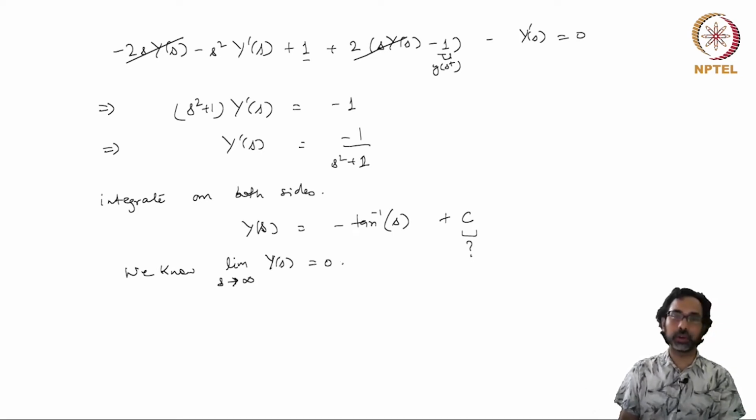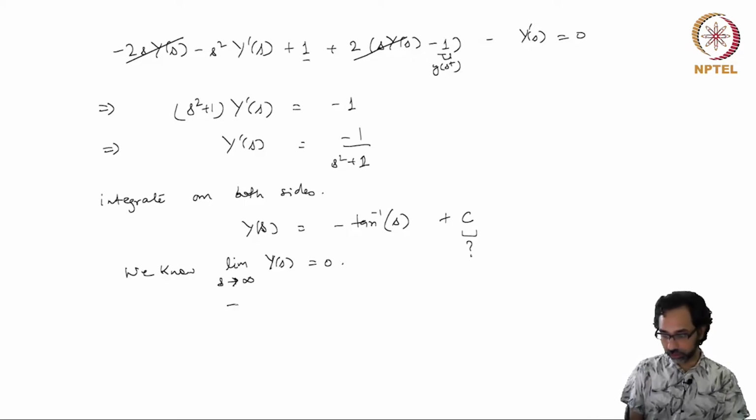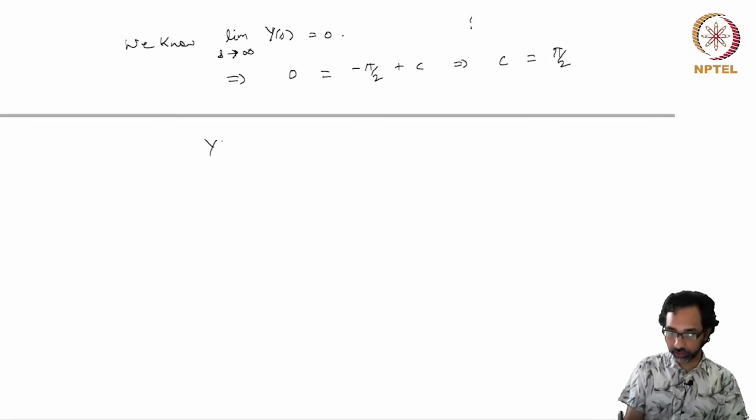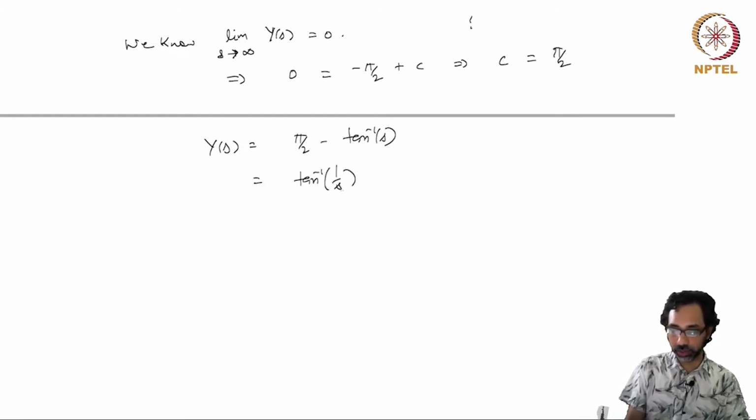This was one of the properties of the Laplace transform. So if you take the limit on both sides, you get a 0 on the left side and minus pi by 2 plus C on the right side. This implies that C equals pi by 2, and so Y(s) is pi by 2 minus tan inverse s, which is equal to tan inverse 1 over s.